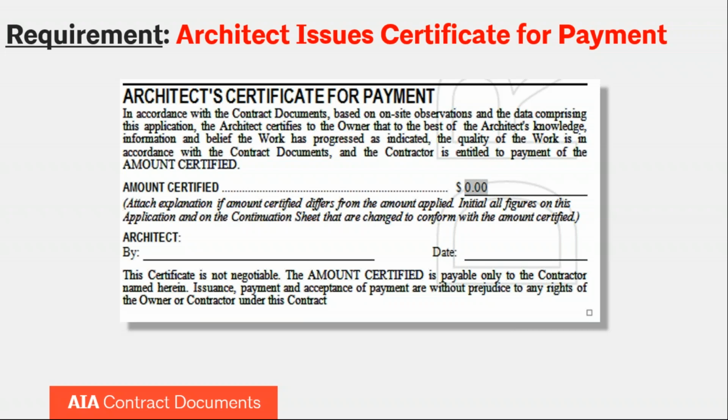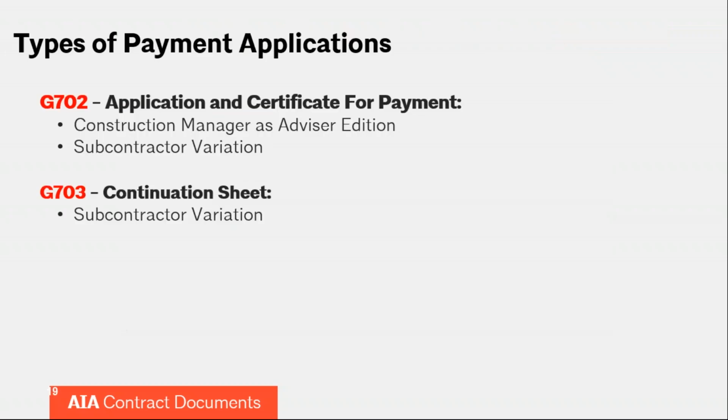Just because the contractor's payment application is for one amount, if the architect doesn't determine that the work has been completed in accordance with the contract documents to the extent indicated in the payment application, it can certify a different amount. And so there's a spot for the architect to do that. And then the architect will sign and date it.